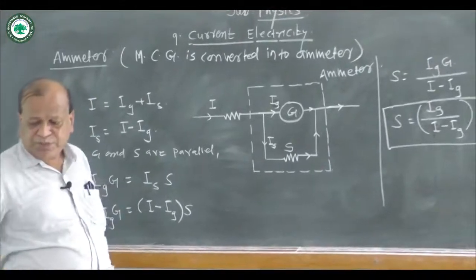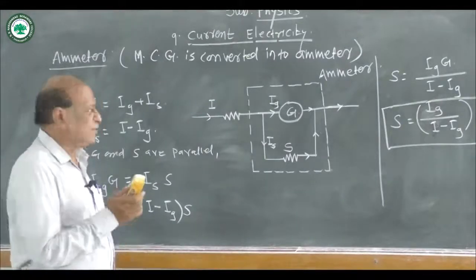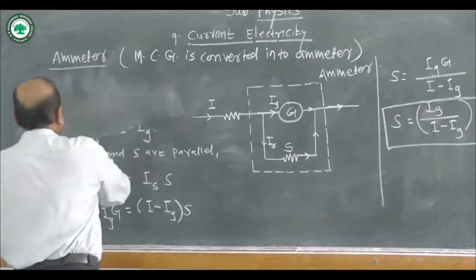Now the next instrument which measures the potential difference across the given circuit is the voltmeter.